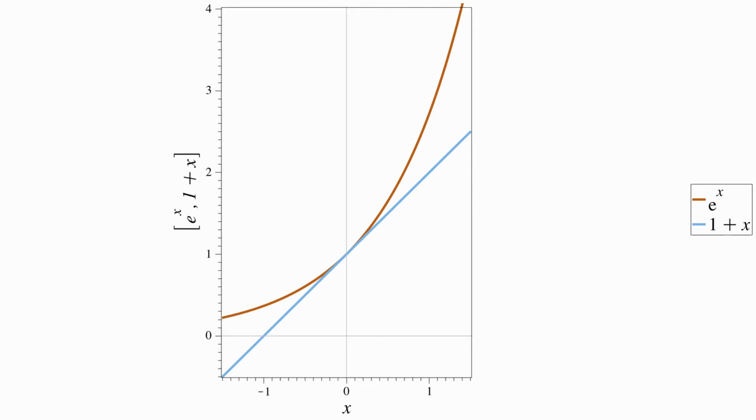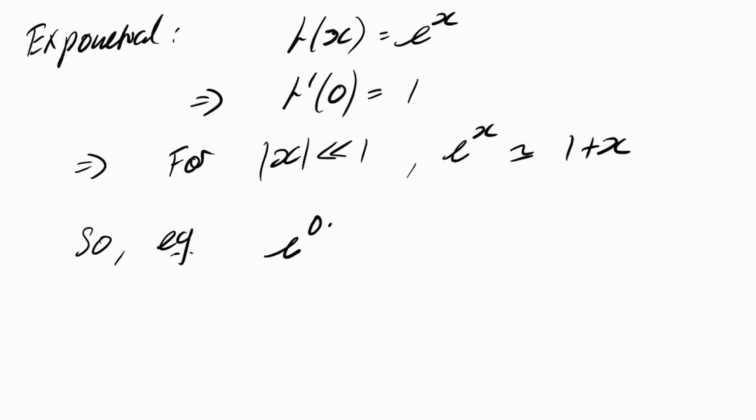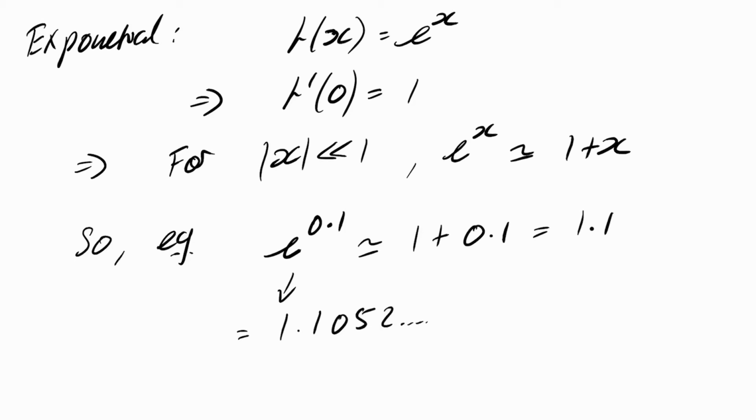And so for example, if I want to estimate e to the 0.1, and I don't have a calculator to hand, I can say this is approximately equal to 1 plus 0.1, which is 1.1. And in fact, the actual answer is 1.1052. So again, a reasonable approximation. We'll see how to generalize these when we look at series expansions of functions. But for now, linear approximations are a really neat way to approximate a function.